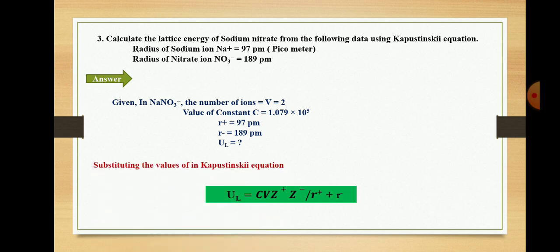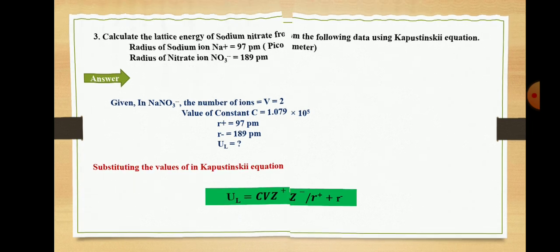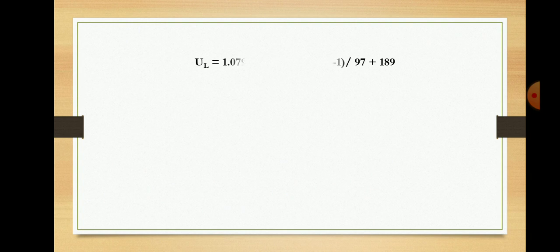The equation is like this. Substitute the values above in the Kapustinskii equation. So UL is equal to C V Z plus Z minus divided by R plus plus R minus. So students, we put the value of the constant, 1.079 into 10 to the power 5, into 2, that is the V value is 2, into plus 1 into minus 1, divided by 97 plus 189.